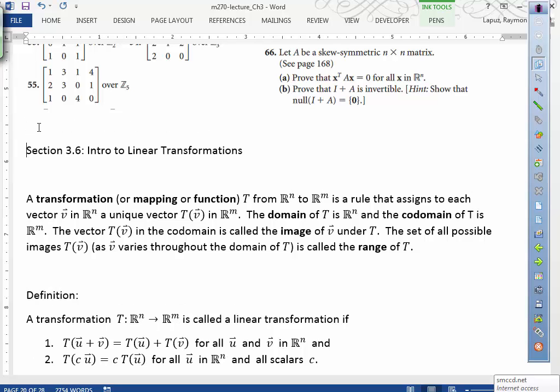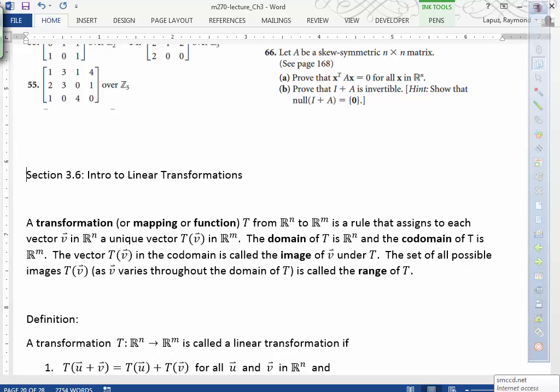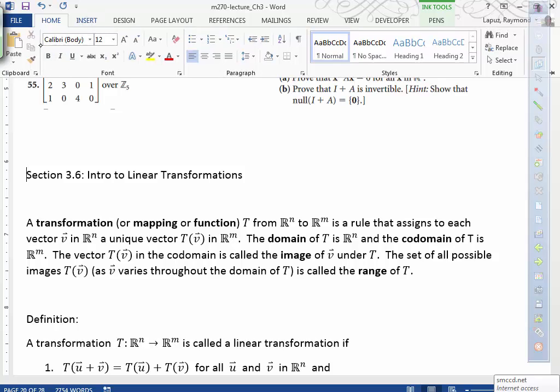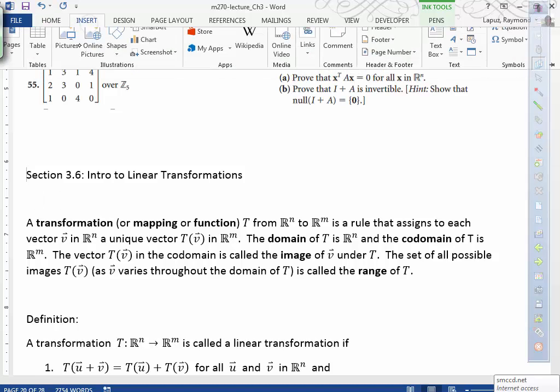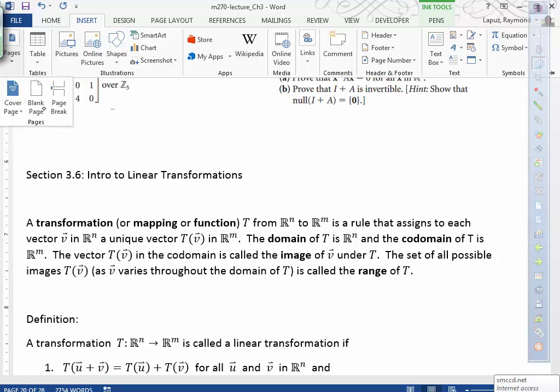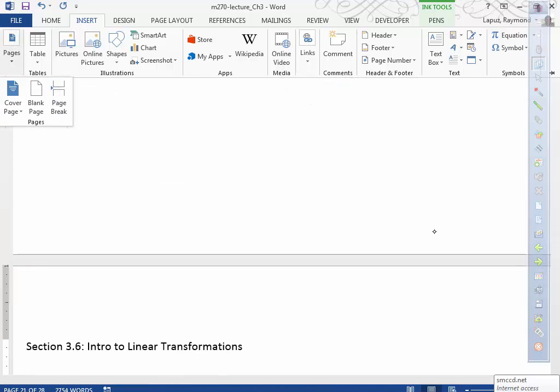section is Introduction to Linear Transformations. So just to have something in our notes for today about linear transformations.